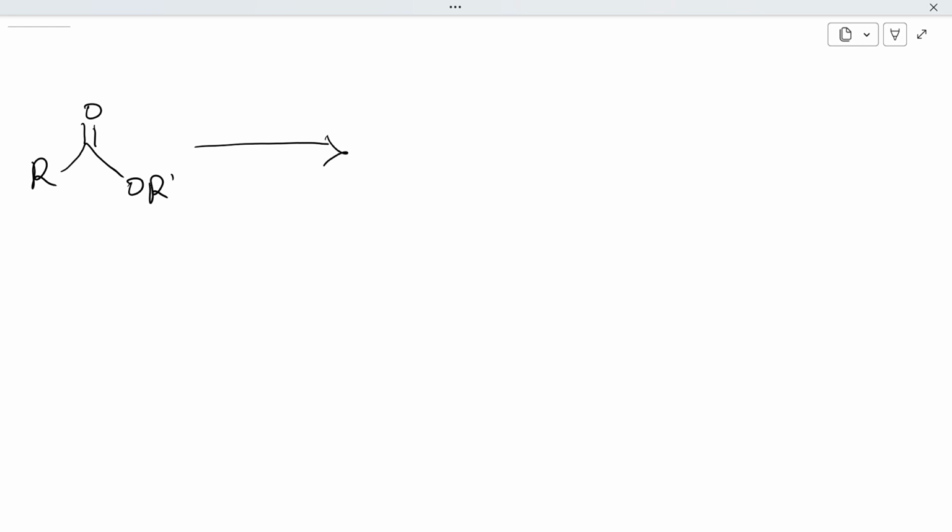But for this matter, let me pick primary amine. So I'm going to have R that is bonded to NH2. There's a lone pair of electrons on top of N, which is nitrogen. So in step 1, I'm going to have nucleophilic addition.